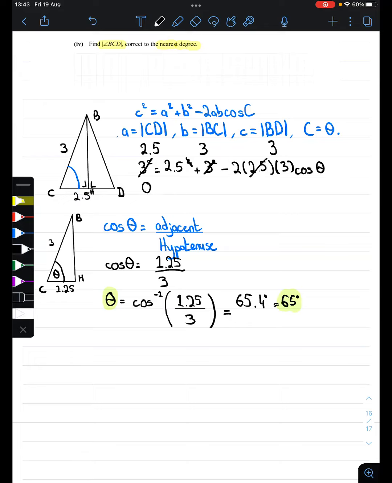So then we're left with 0 equals 2.5 minus 6 cosine theta. And then cosine theta equals 2.5 over 6.